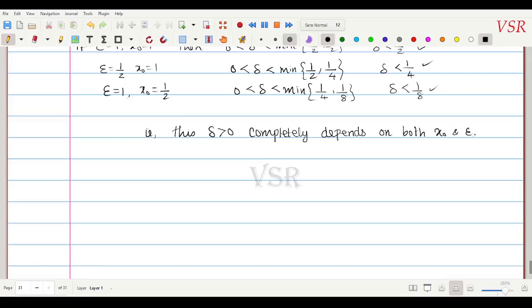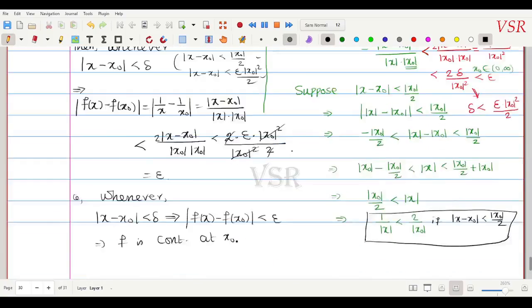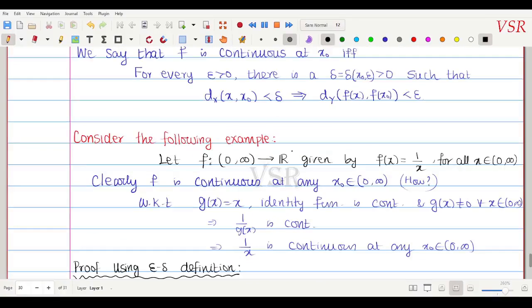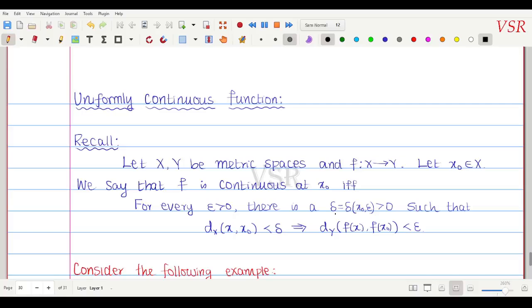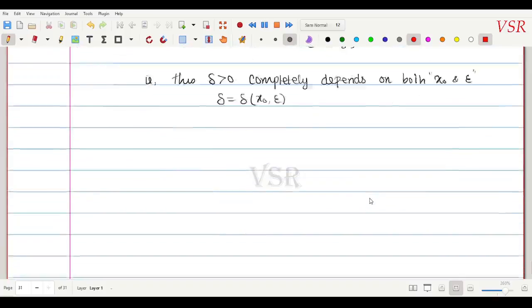Okay, that is the reason we have defined delta as delta of x naught and epsilon. Okay, look at how I have written it in the definition. We have chosen delta which depends upon your x naught as well as your epsilon. Okay, now let us give the geometry of the problem.